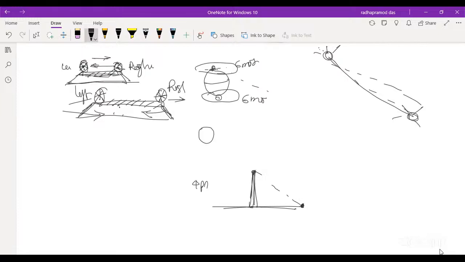Again at 4 p.m. tomorrow also you put another point, and again at 4 p.m. the sun's rays you put a point. So then what happens? The shape of these dots, how will it come? Like this it will come.